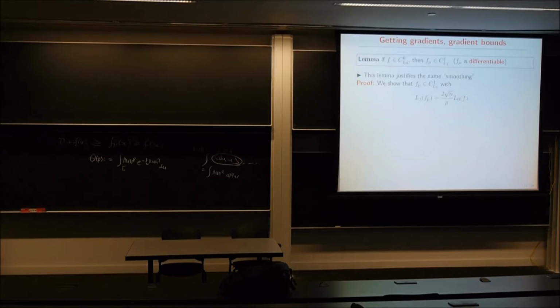For the purpose of this class, we agreed on the definition that something that is at least once differentiable, we'll call it smooth. And here the original function f need not be differentiable, but f mu is now once differentiable. And not only that, its derivative has a controlled Lipschitz constant. So it's actually a fairly well-smoothed function.